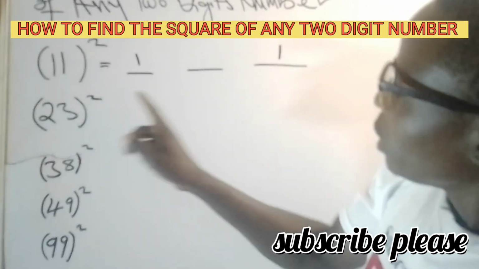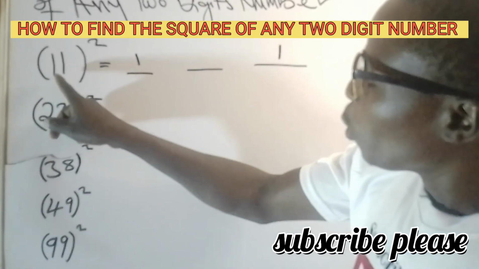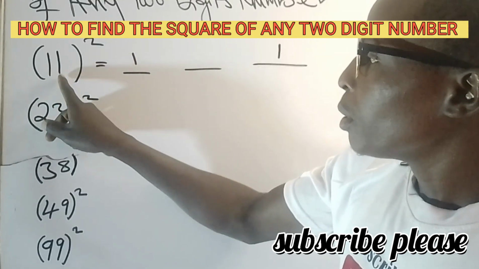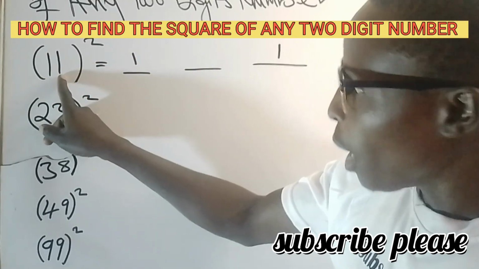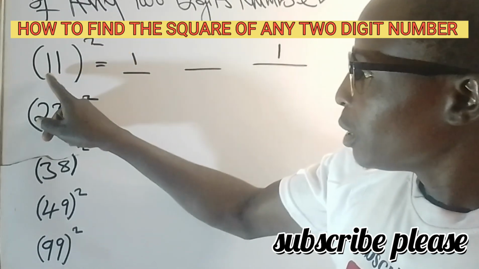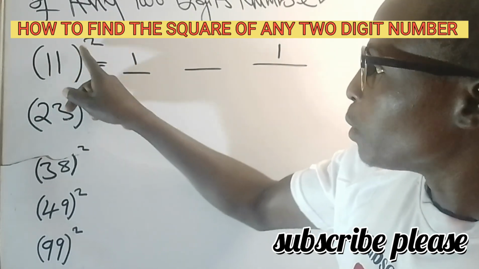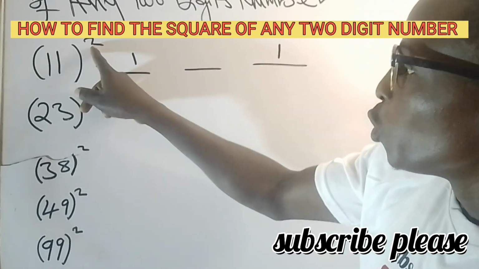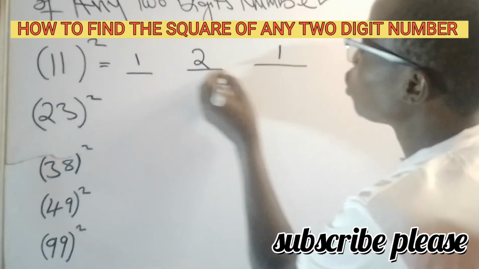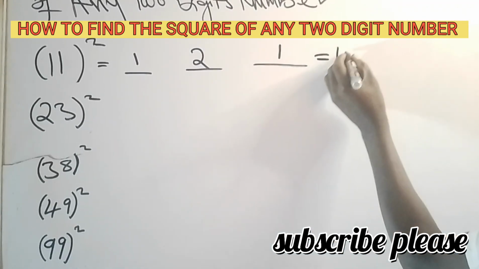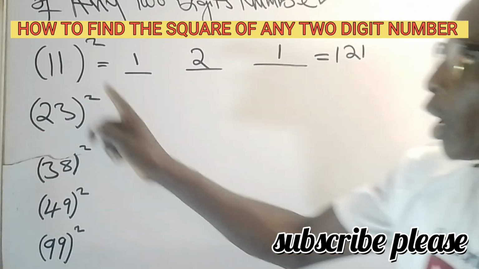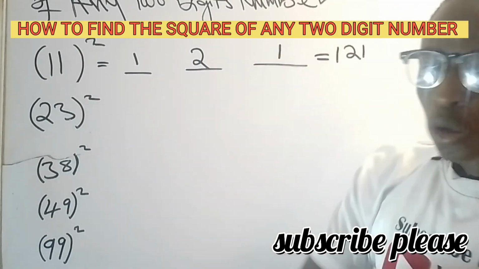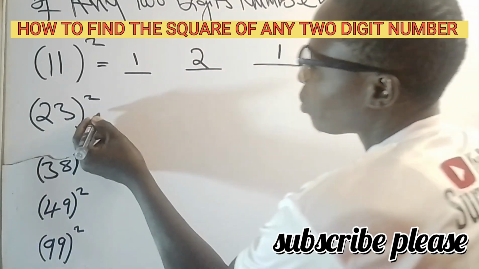Then the middle segment is the first number times the second number times 2. 1 times 1 is 1, times 2 is 2. Therefore I have 121 as the square of 11. Fantastic.